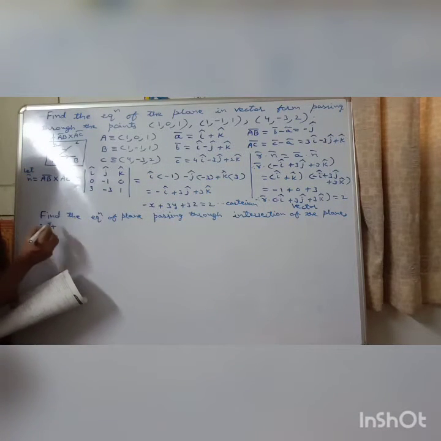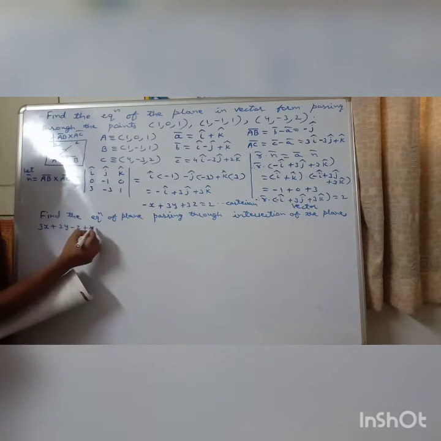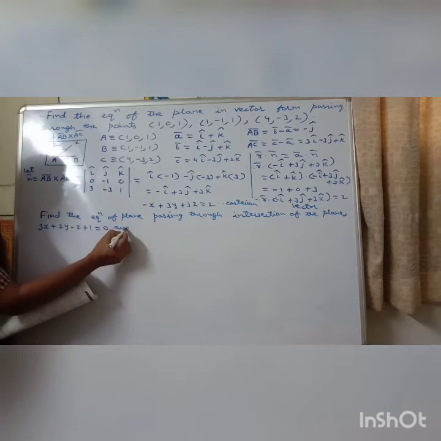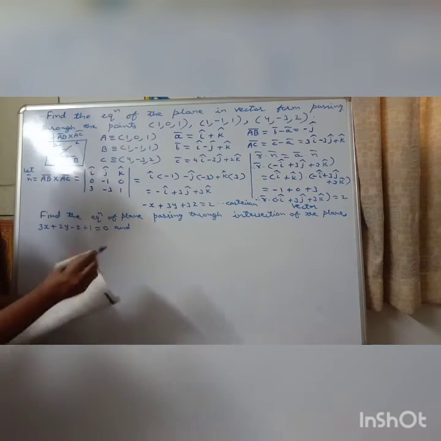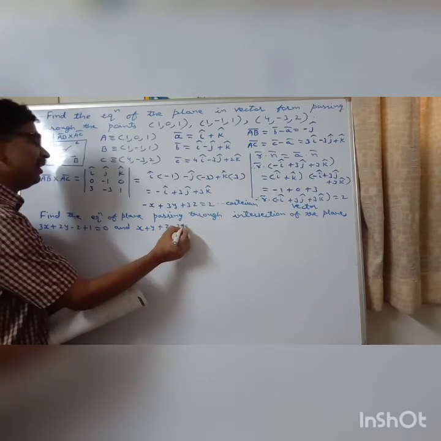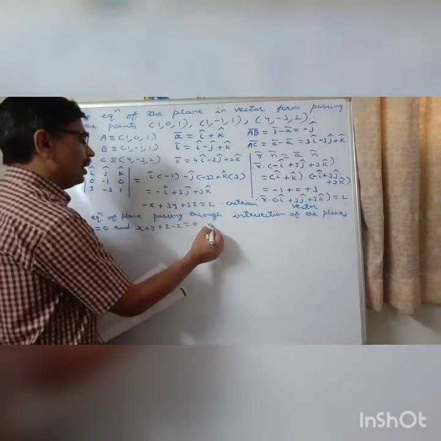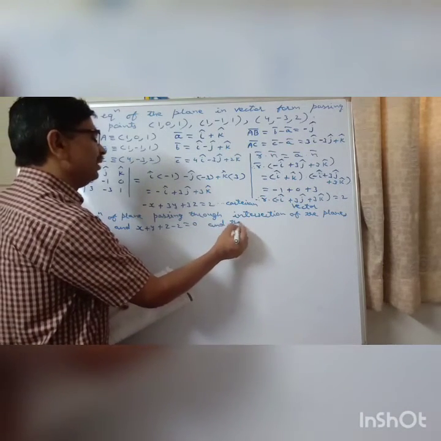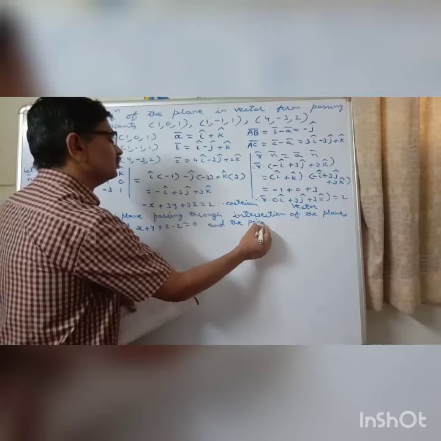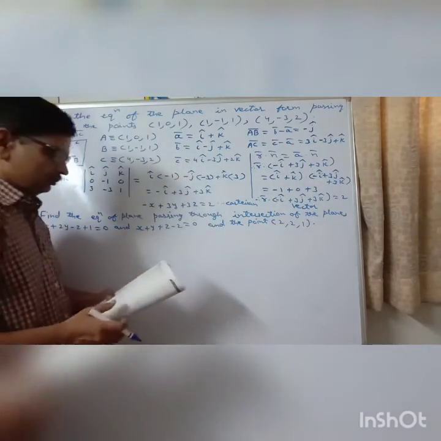3x plus 2y minus z plus 1 equal to 0 and x plus y plus z minus 2 equal to 0, and the point (2, 2, 1).